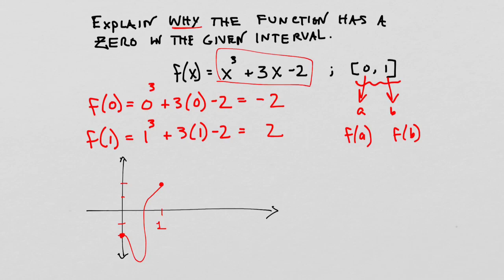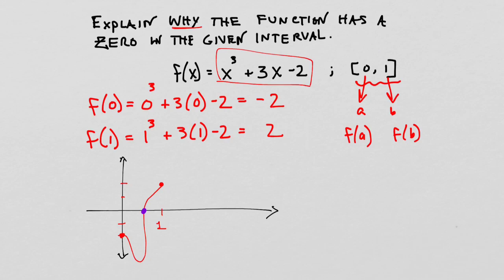And so what we know is that by the intermediate value theorem, if we're trying to find a height of 0, or in other words, if we're trying to identify our 0, we know that there must be some moment in our interval from 0 to 1, at which point we cross over.